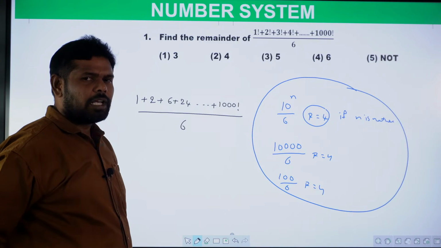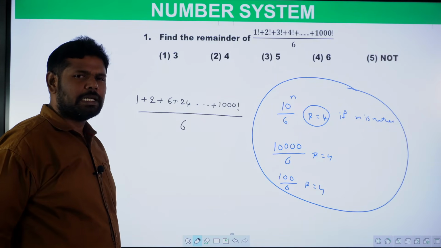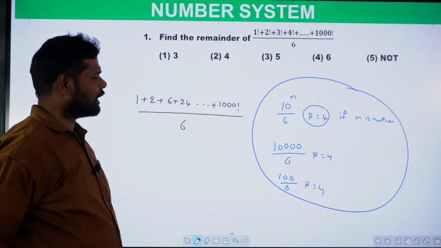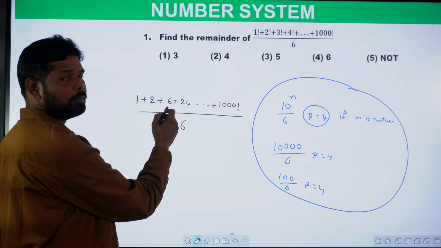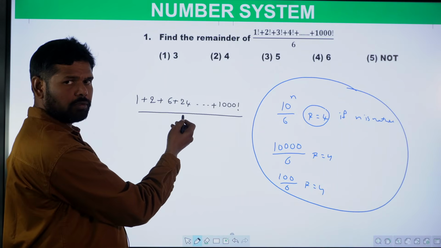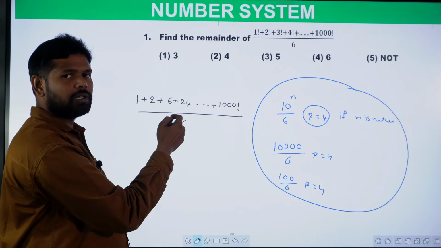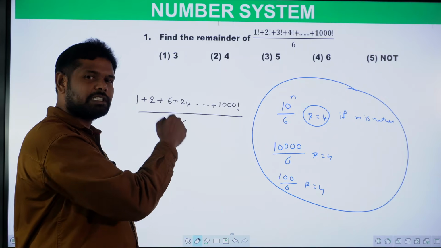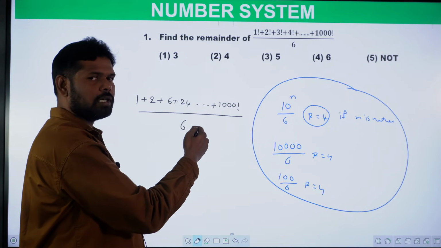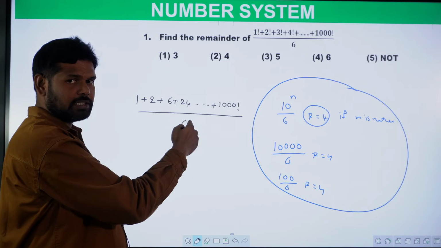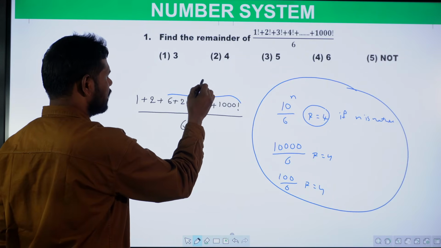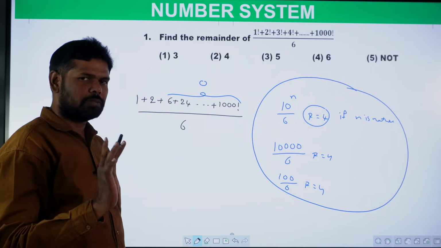From 3 factorial onwards, every factorial is completely divisible by 6. 3 factorial is 6, remainder 0. 4 factorial 24, remainder 0. 5 factorial is 120. From 6 factorial onwards 6 itself is there, and 7 factorial and 8 factorial also have 6 as a multiple. So from 3 factorial onwards we get remainder 0 directly.